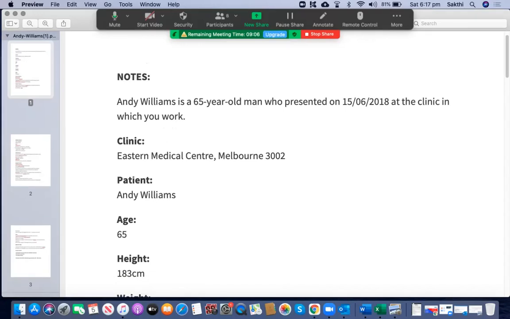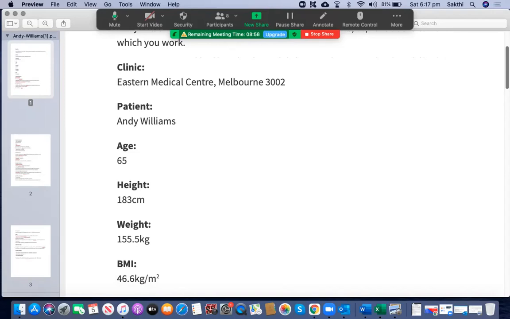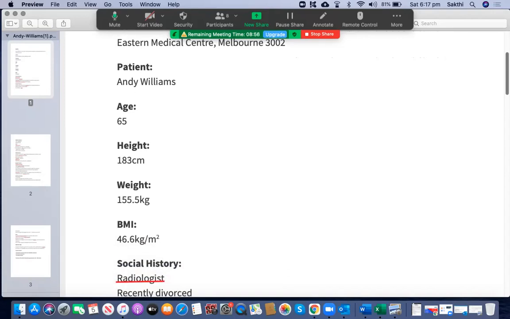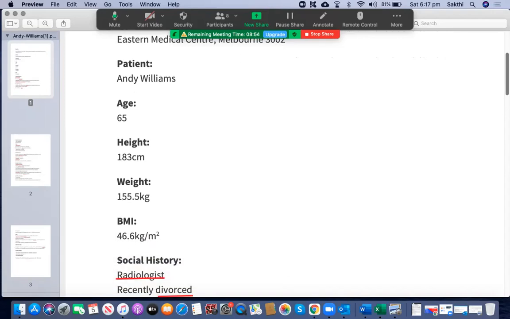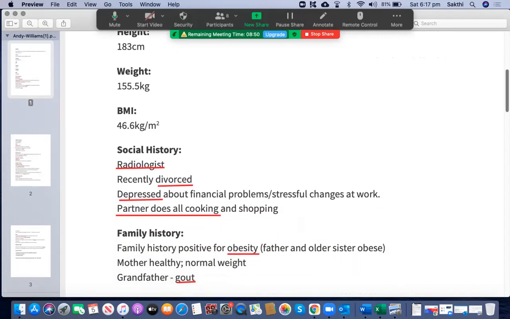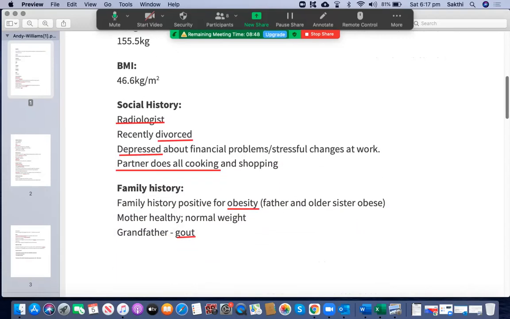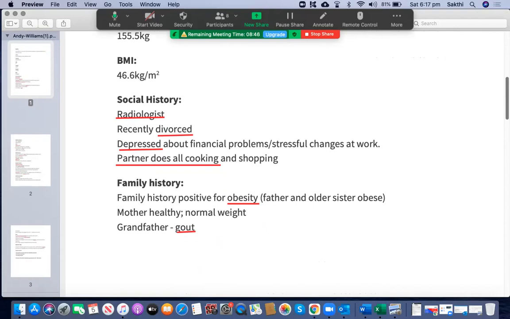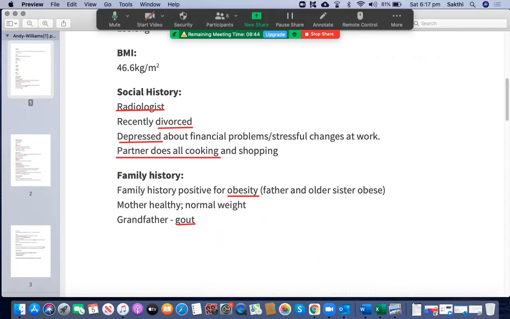Andy Williams is a 65-year-old man who presented at the clinic in which you work, Eastern Medical Center, Melbourne. Patient: Andy Williams, age 65, height 183 centimeters, weight 155.5 kilograms, BMI. That's okay. Social history: radiologist, recently divorced, depressed about financial problems, stressful changes at work.